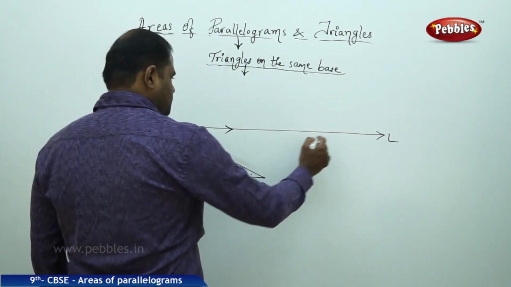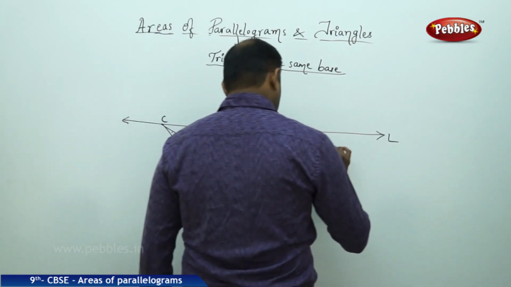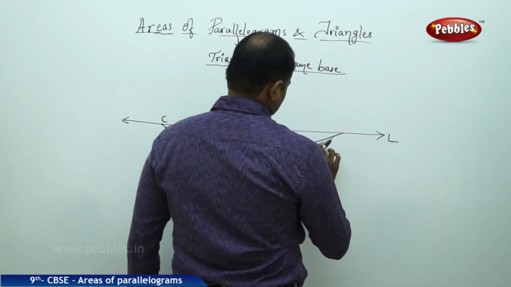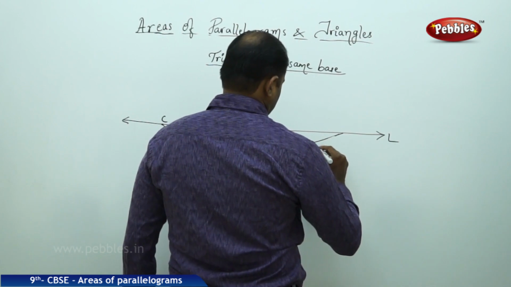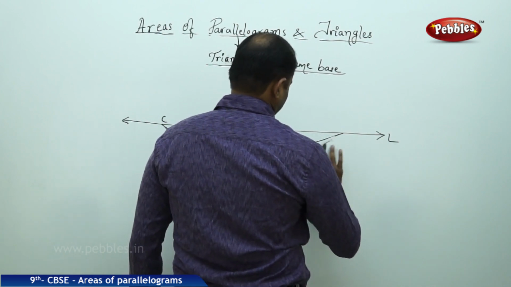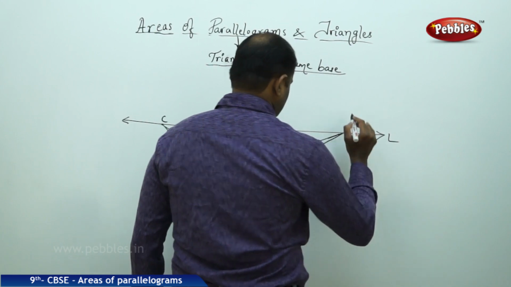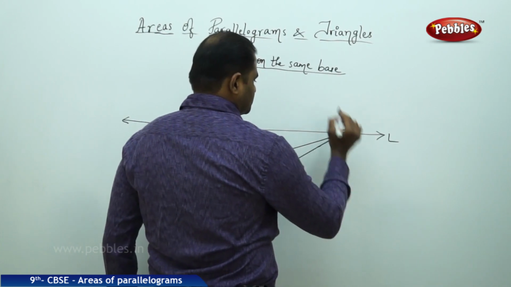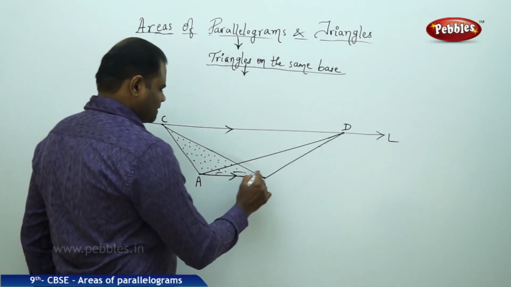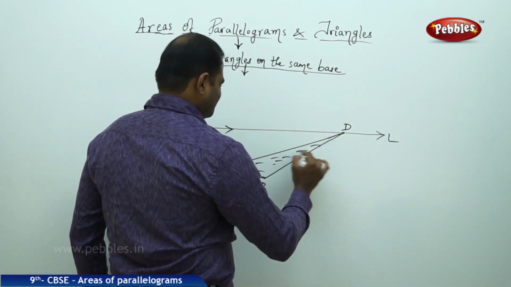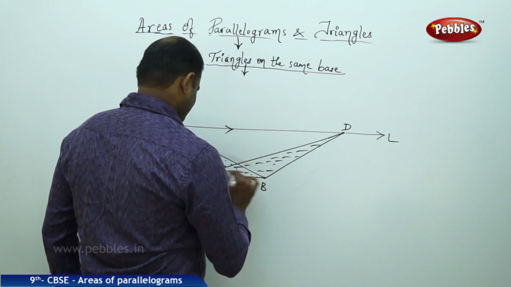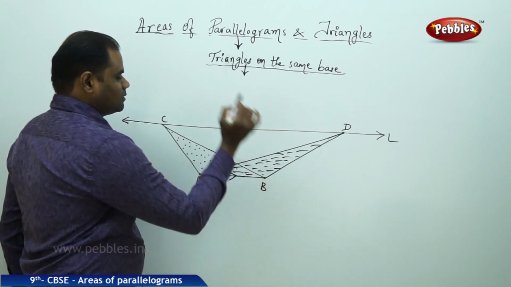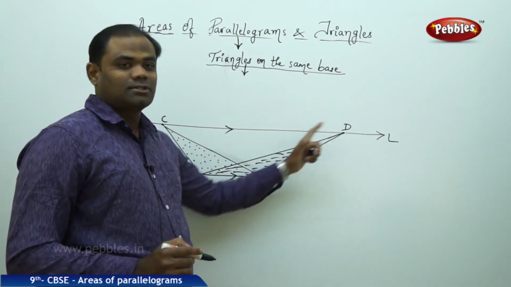Let me take a triangle which is far away. So this is out here. So I have the other triangle which connects with D. So this is the triangle ABD, which is on the other side.